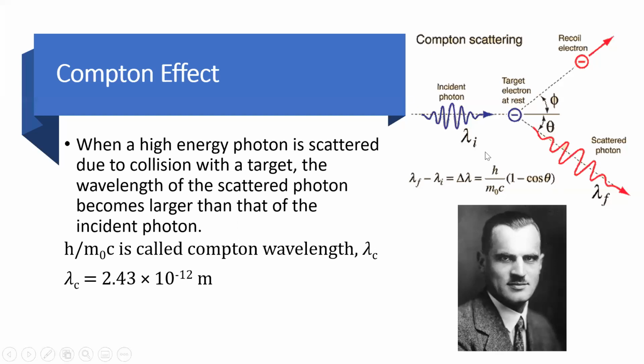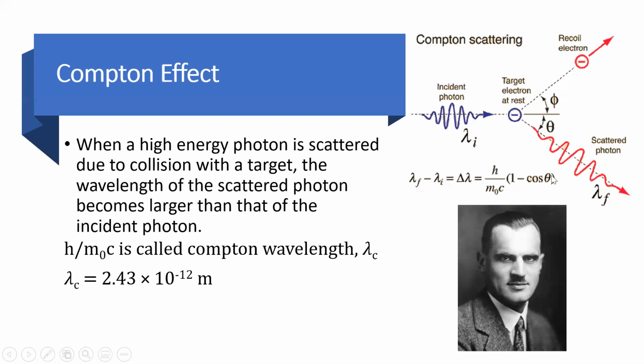So this whole thing, h by m naught c, is a constant because h is constant, m naught, which is the rest mass of electron, is constant, and speed of light is constant. If we substitute all these constant values, we will get 2.43 into 10 raised to minus 12 meters. You can either remember this value, which is called the Compton wavelength, or you can substitute each of these values when you solve problems. So h by m naught c into 1 minus cos theta.